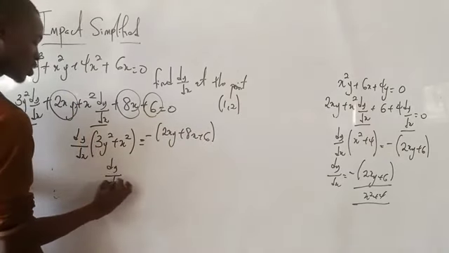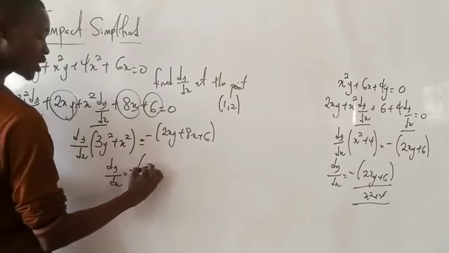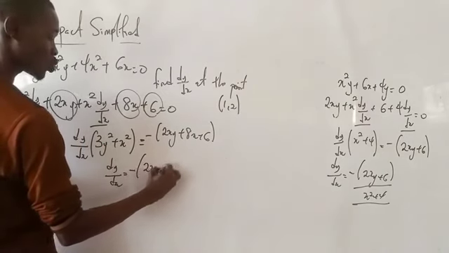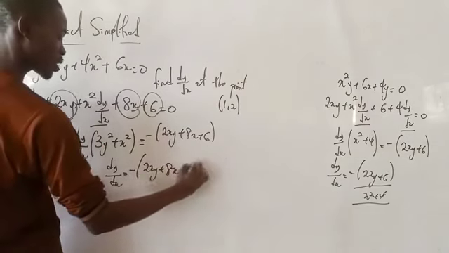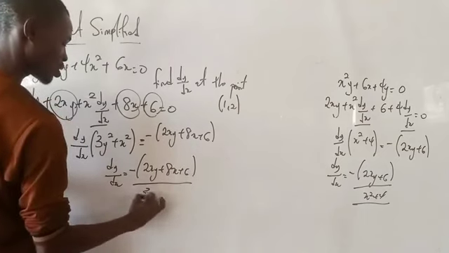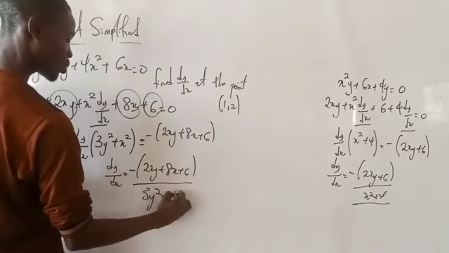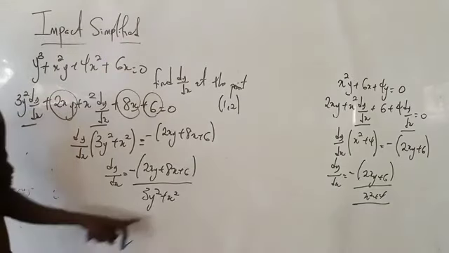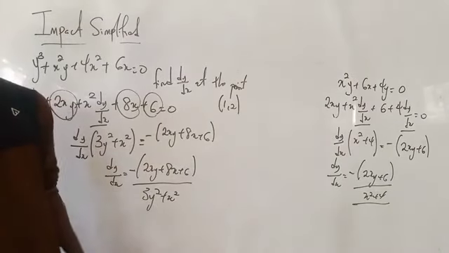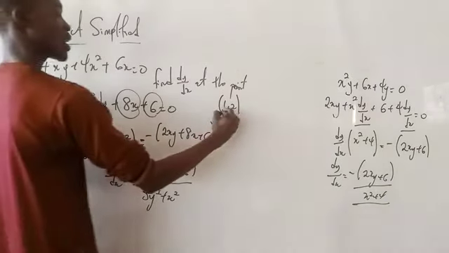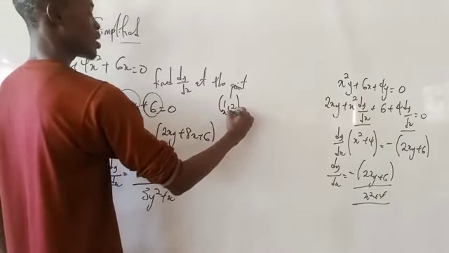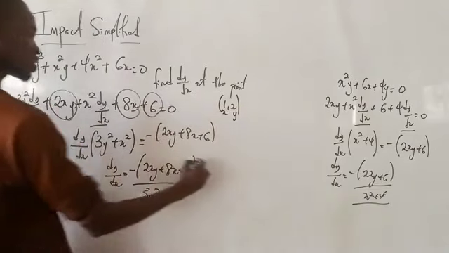And that means what is your dy/dx? Your dy/dx will give us minus 2xy plus 8x plus 6 over 3y squared plus x squared. And don't forget, this is your dy/dx, but they said at the point (1, 2). That means x is 1 and y is 2. So substitute it there.